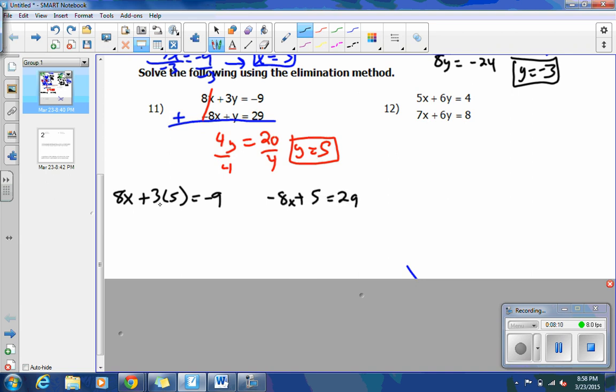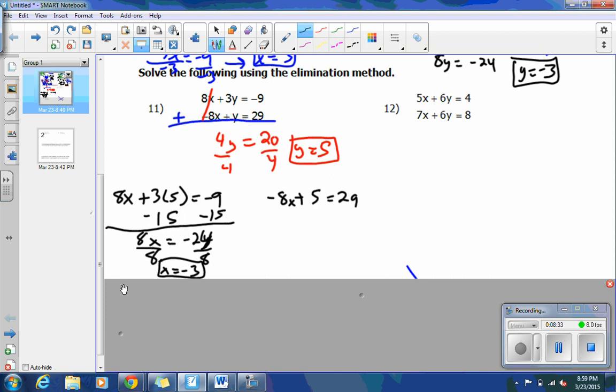Alright, so we'll do this one first. This is 15, but I'm just going to subtract 15 right away because I know that's 15. Subtract 15, 8x equals negative 24. Divide both sides by 8. x equals negative 3.